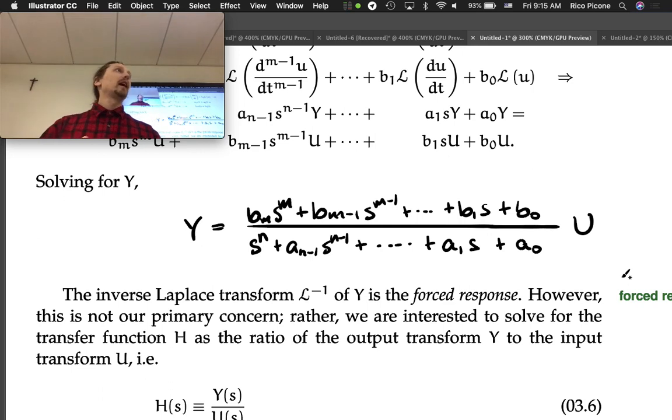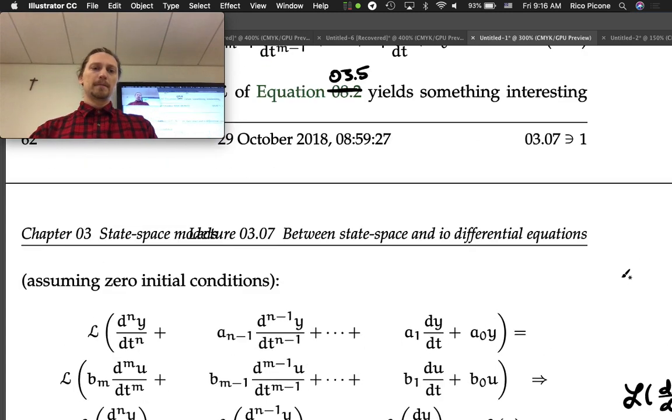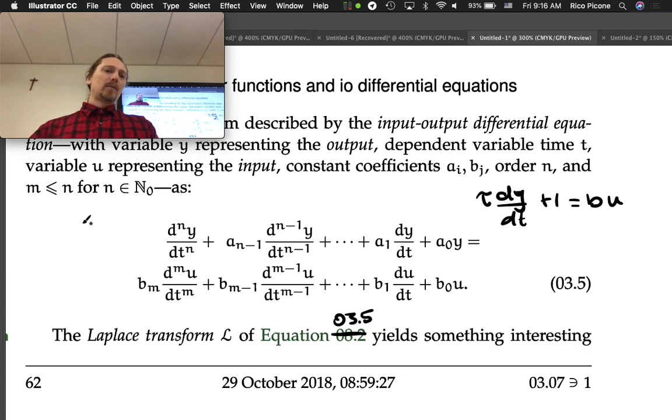Okay? Yeah, question. Is there supposed to be a coefficient in front of the s to the n? You can do it that way. If you look back to the original equation, I assumed that we could make this coefficient 1. We could do an a n and use that all the way through, but you can always make one of your coefficients 1 if you divide both sides of the equation by whatever that coefficient is.